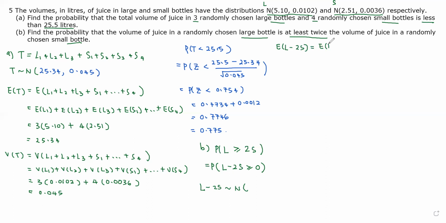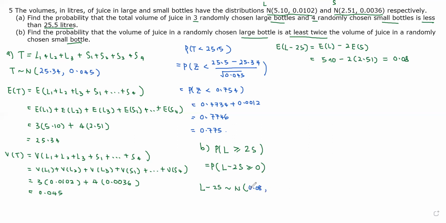This is the expected value of L minus 2 times the expected value of S. And that is 5.10 minus 2 times 2.51. That gives us a value of 0.08. We have 0.08 here.